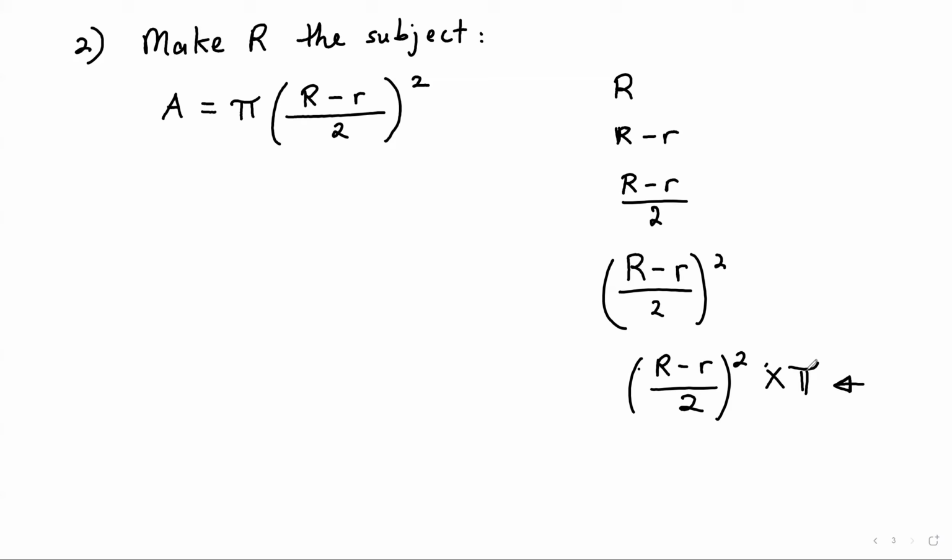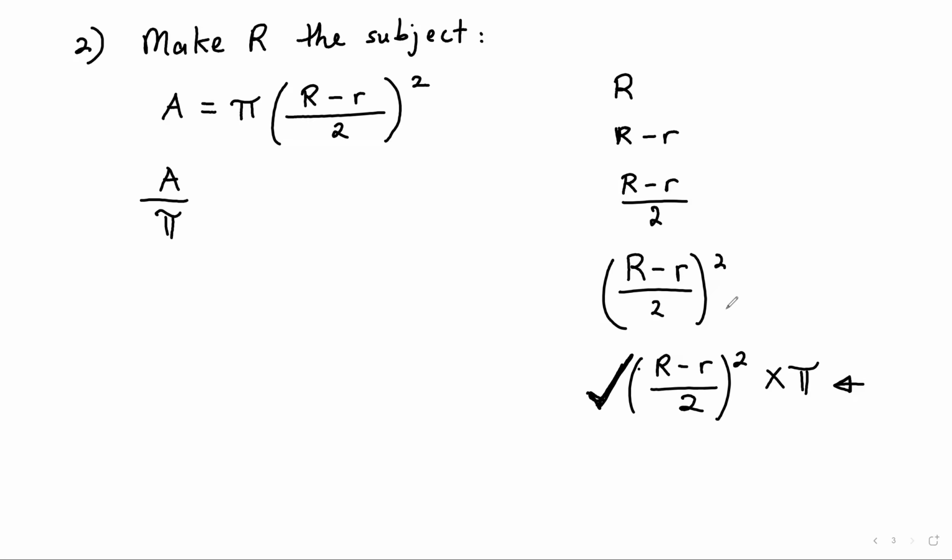So what is the opposite? If I multiply by pi, guys, to transpose it to the other side, what would be the opposite of multiplying by pi? Dividing by pi. So on this side, I'll end up with A divided by pi. So I've undone this step here. Next, I have squared.